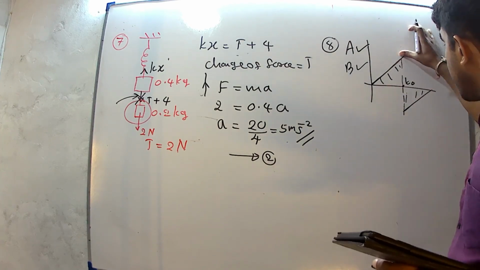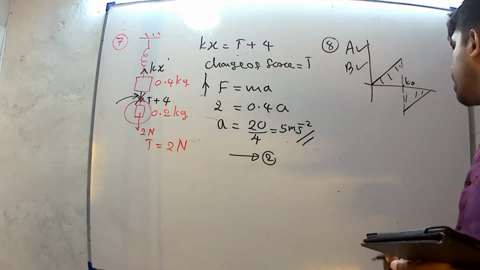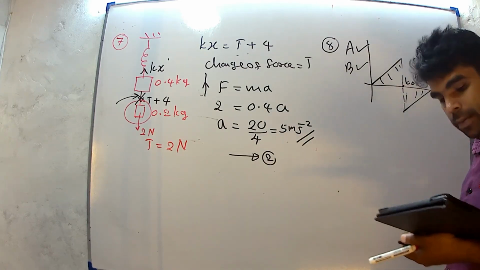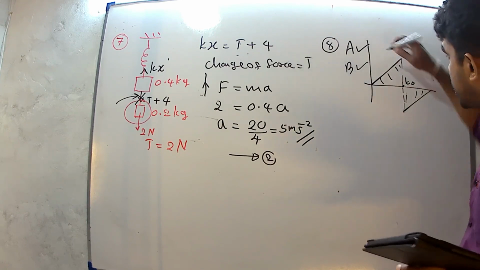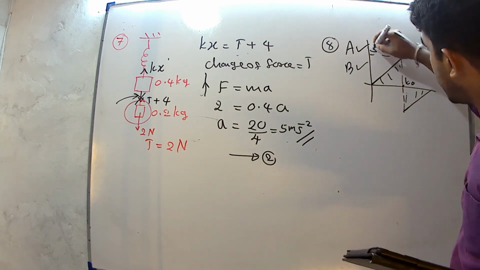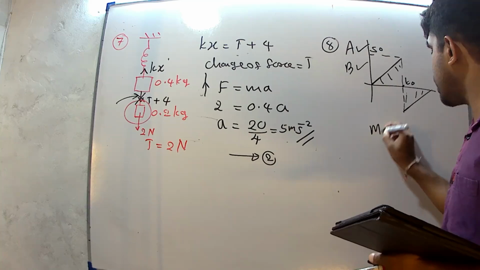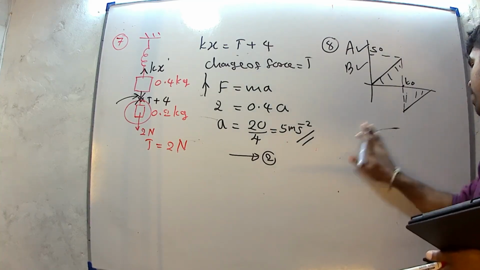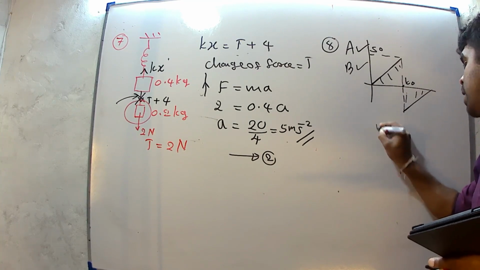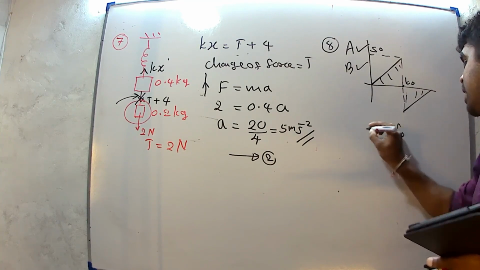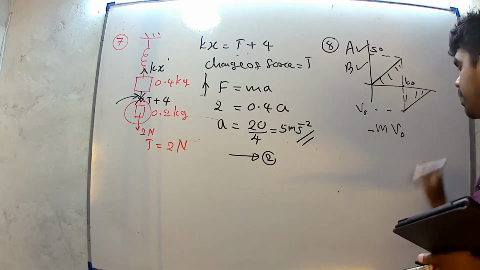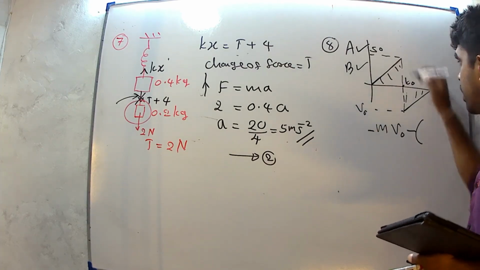Impulse. We can get impulse is change of momentum. Change of momentum is final momentum minus initial momentum. I will consider final momentum first: minus mv naught, mass into this velocity. We have to subtract initial momentum.